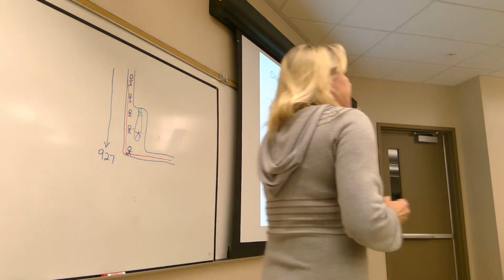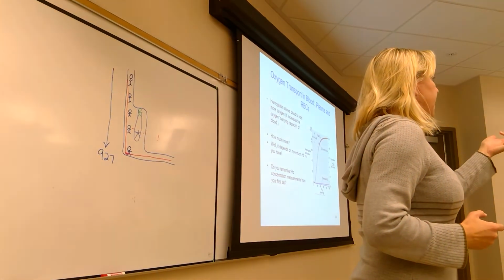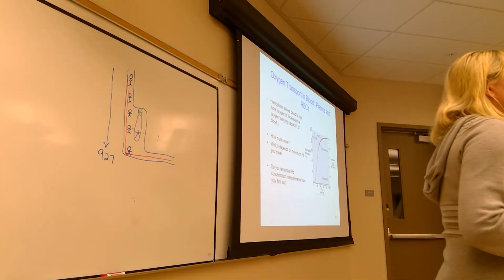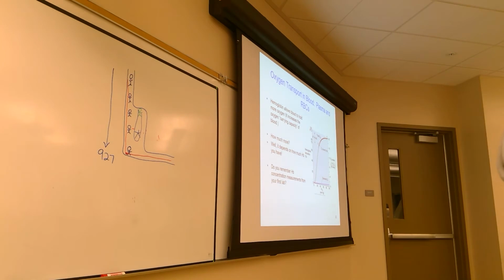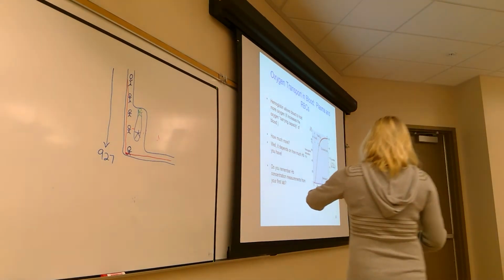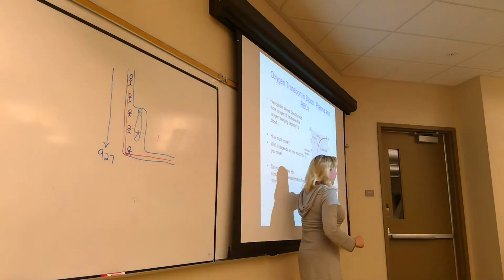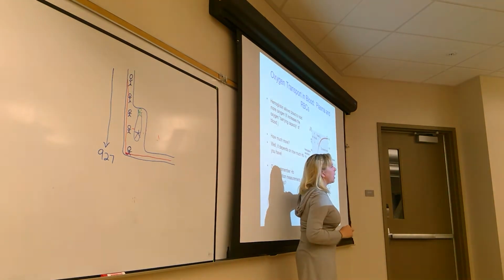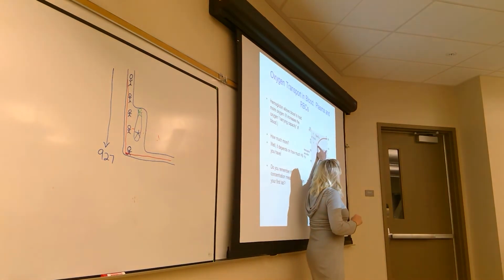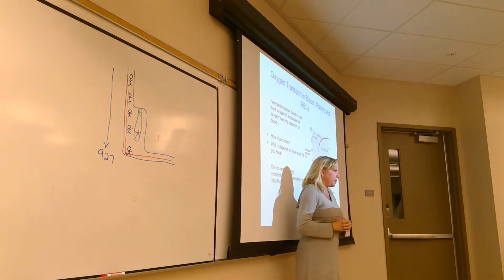So that brings up another way to talk about oxygen in our blood. We say total oxygen content. This graph shows you how much we dissolve in our blood, in the plasma, according to Henry's law. The red shows you our oxygen carrying capacity.